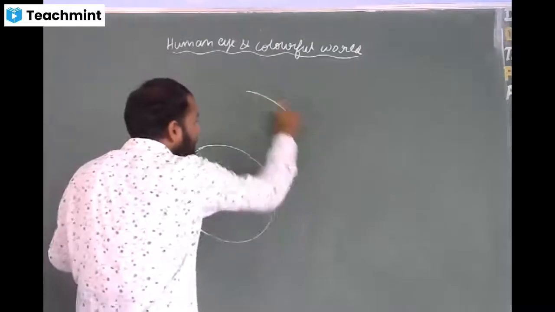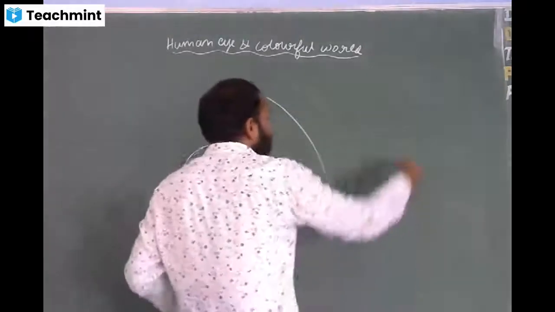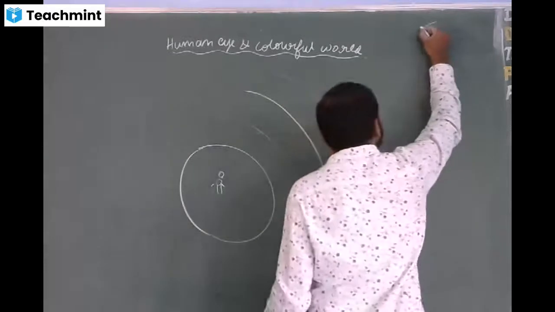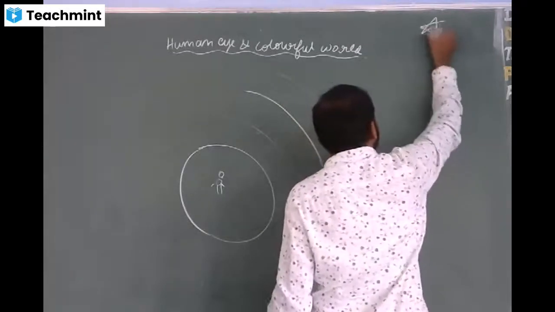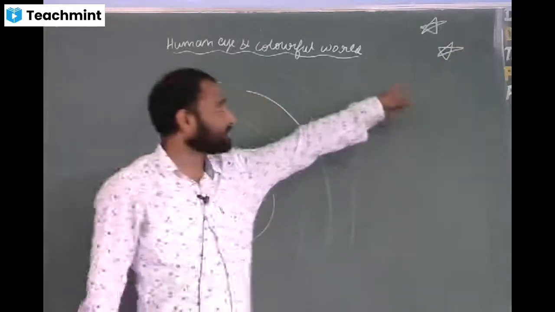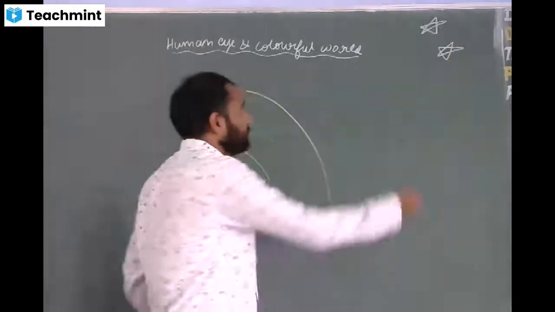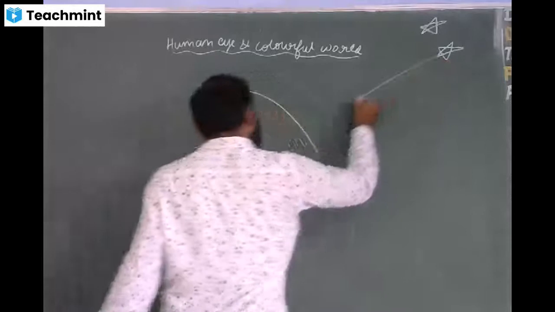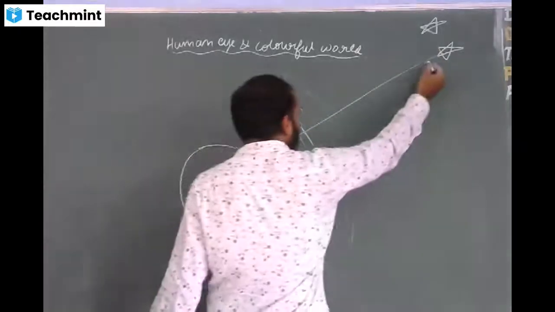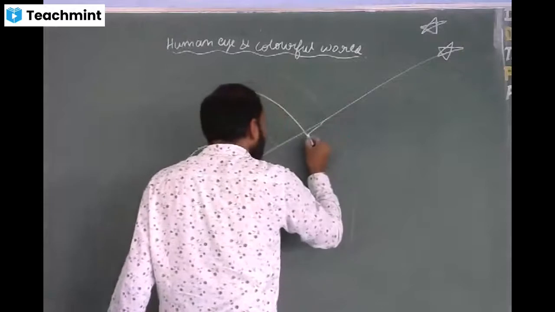These are the layers of the atmosphere. I will consider the star somewhere here. The star is exactly at this point, so this is the actual position of the star. But what happens due to the bending?